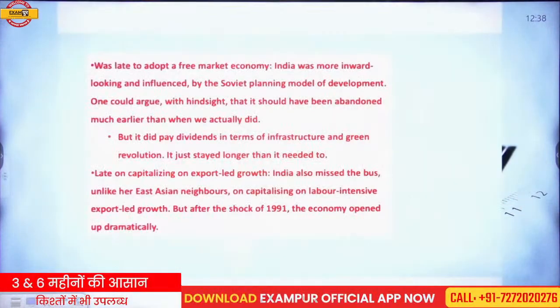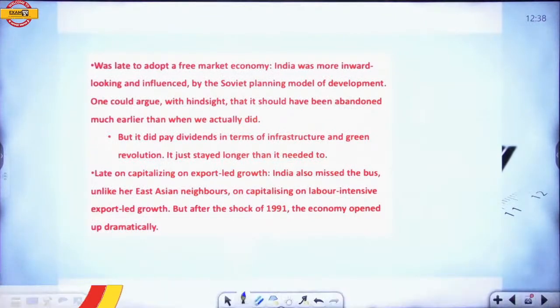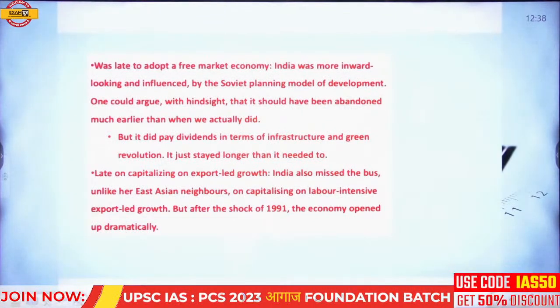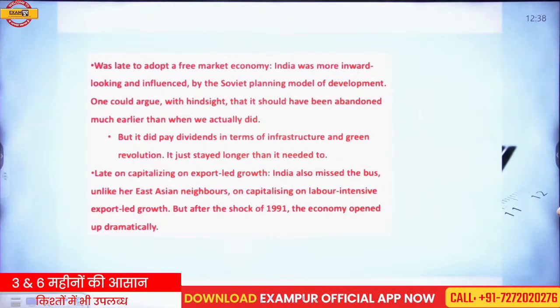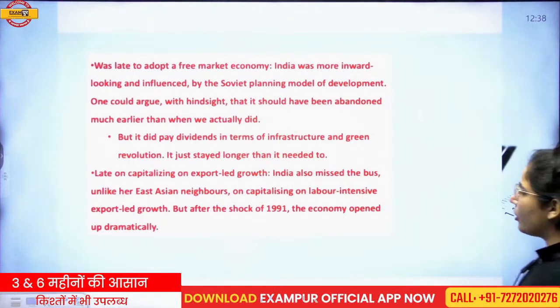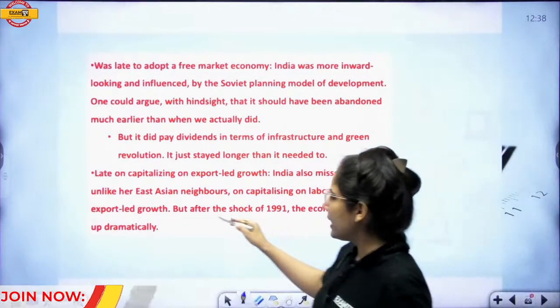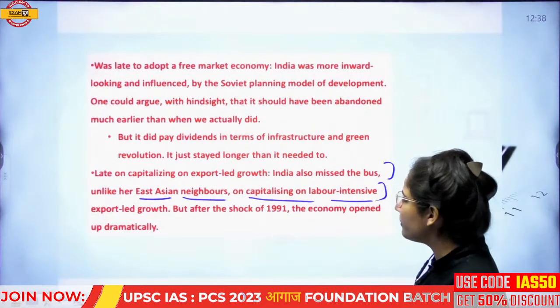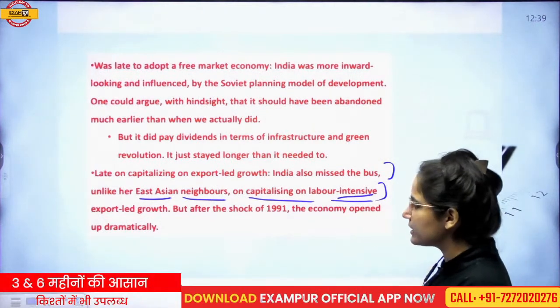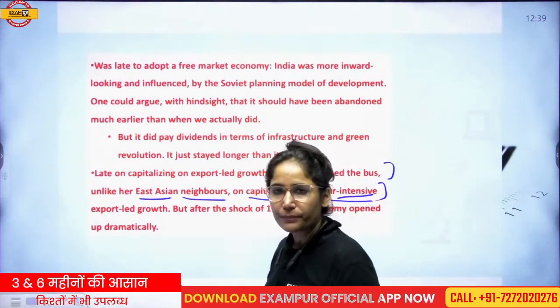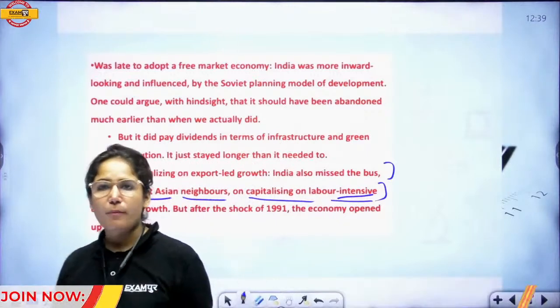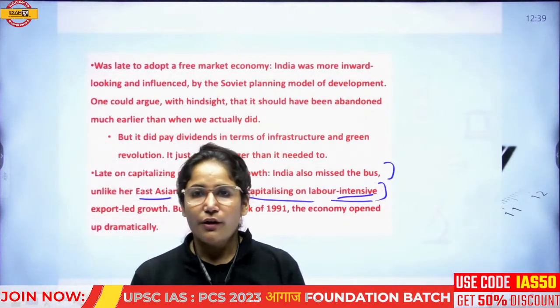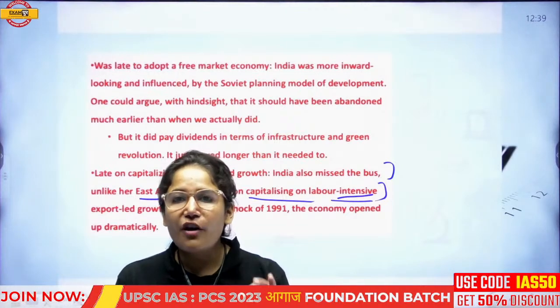So next point is all about India was late to adopt the free market economy, was inward looking, influence, capitalize on the export led growth. India also missed the bus. Unlike East Asian neighbors, they are capitalizing on the labor intensive export led growth. You need to make your performance in the segment where you are literally performing so well.